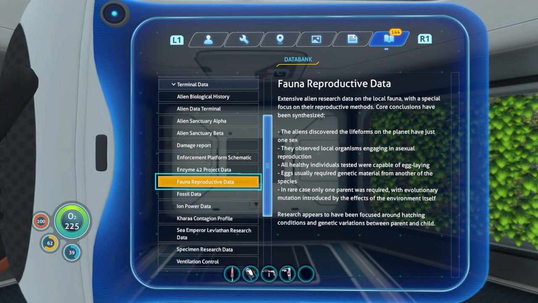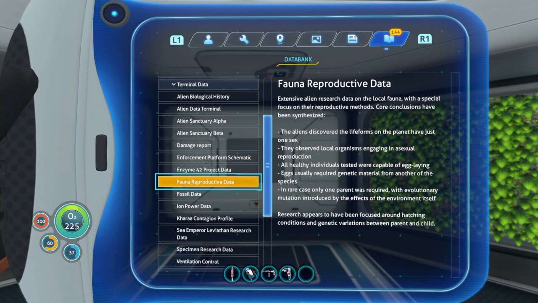Moving along. Fauna reproductive data. Extensive alien research data on the local fauna with a special focus on their reproductive methods. Core conclusions have been synthesized. The aliens discover the life forms on the planet just have one sex. They observe local organisms engaging in asexual reproduction. All healthy individuals tested were capable of egg laying.